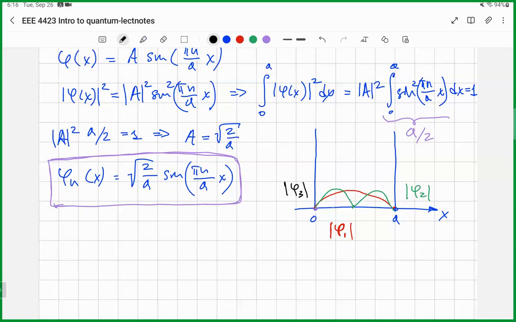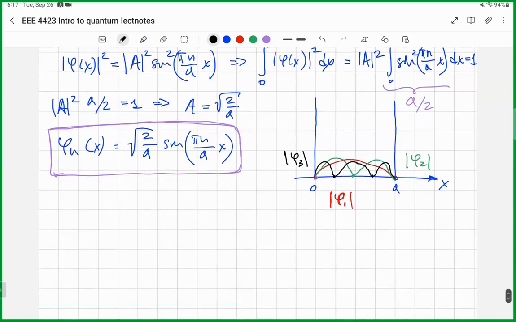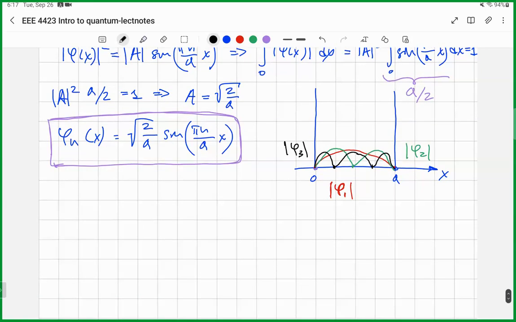It's going to have 0 here and then here, so it's going to be something like this, etc. As you can see, even in such a simple problem, the energy is quantized and the particle is distributed inside of this quantum well.